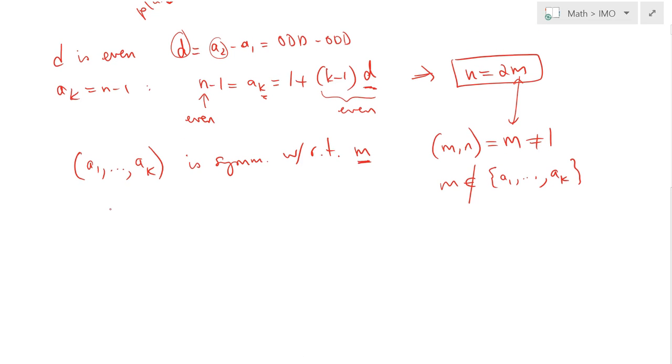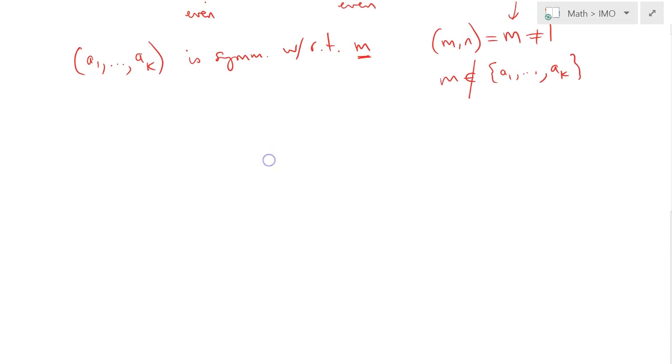So if you had to draw the real line, this is 1, and then we have the number n, and then n minus 1 here. So this one is a1, this one is ak, and the middle term, let's call this 0 here.